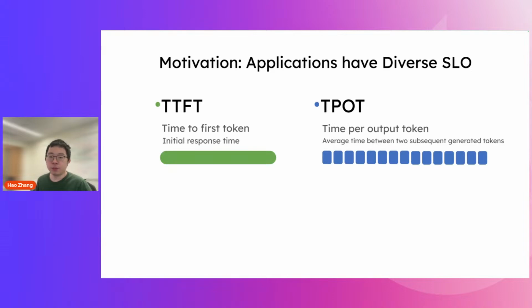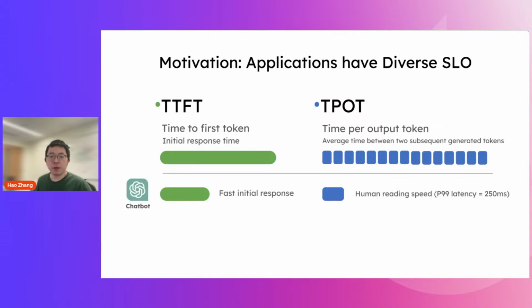In LLMs, there are two most important service level objectives. I denoted them as TTFT and TPOT here, and I will explain these two terms. Let me use an example to explain, okay? In this example, a chatbot needs to have a relatively fast initial response, or TTFT, which stands for time to first token, in order to make the user experience better.